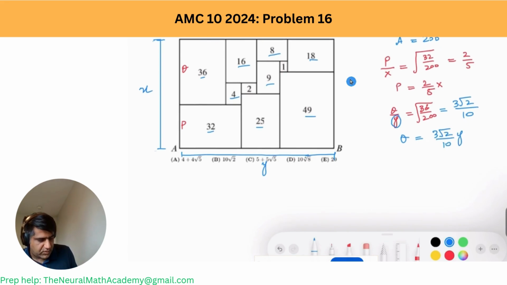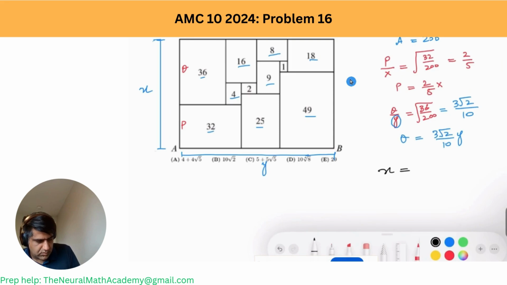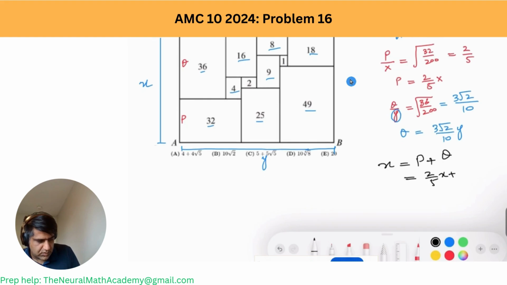So now I can write the total height of the larger rectangle as x equal to p plus q, which is equal to 2 over 5 x plus 3 over 10 square root 2, sorry, in this y.